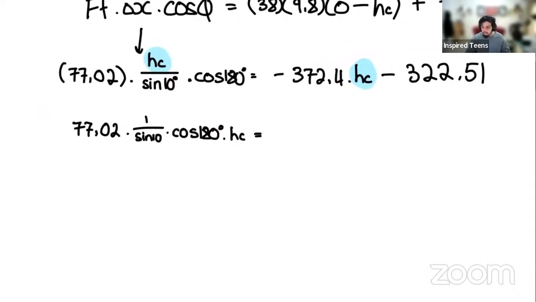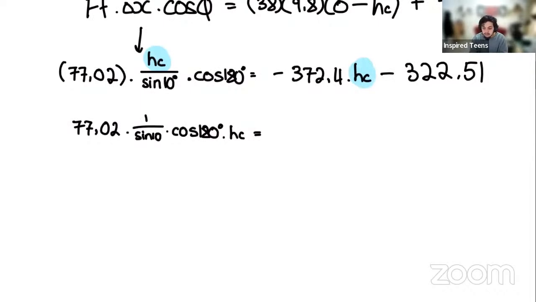So now I'm going to simplify this left side. It basically becomes 77,02 times cosine 180 times 1 over sine 10, and this gives me negative 443,54 times HC. I'm going to bring this HC over to the other side.